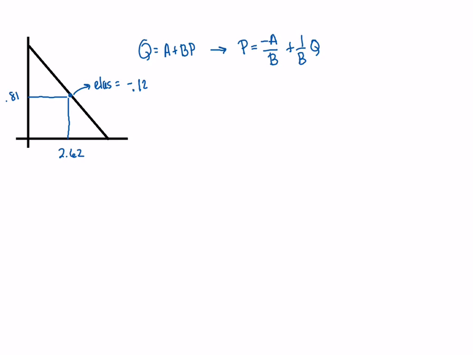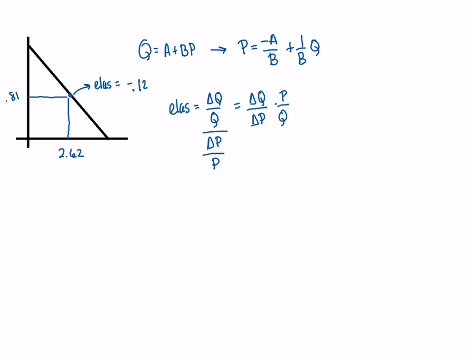Well, if we know elasticity, then we know the slope of the demand curve at a particular point. Remember that elasticity is equal to the percentage change in quantity over the percentage change in price. And I can rewrite this. So it's equal to the change in quantity over the change in price times price over quantity.